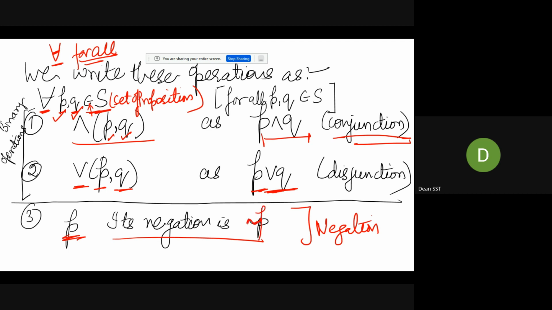For example, if P is true, then the negation of P will be false. In this way, we can represent negation.